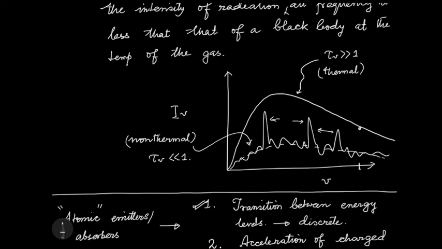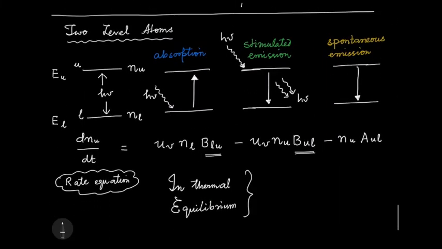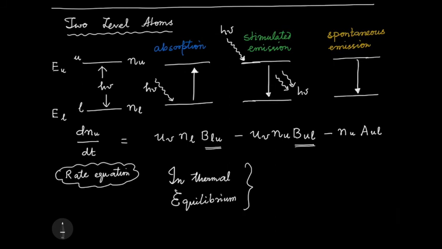If I fix a certain frequency, which is the frequency of this transition, the intensity of that frequency is fixed, which essentially means by no means I am allowed to add or subtract any photon from the photons which are already available.